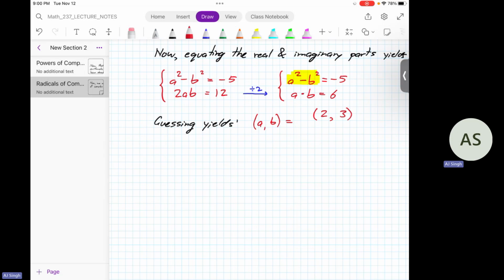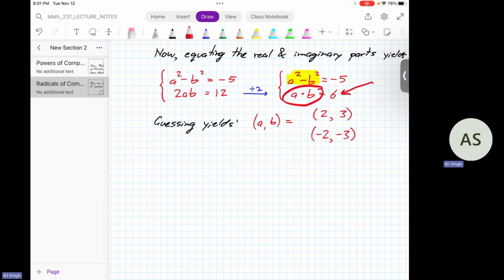Now, these aren't the only answers. It so happens that -2 and -3 also work, right? Is -2 squared minus -3 squared still equal to -5? You can verify, yes, it is. Is -2 times -3 still equal to the 6?